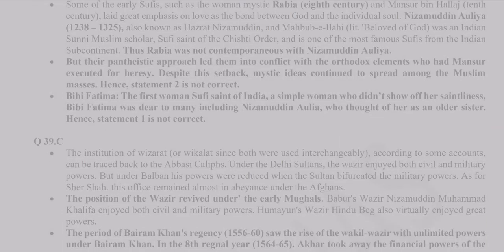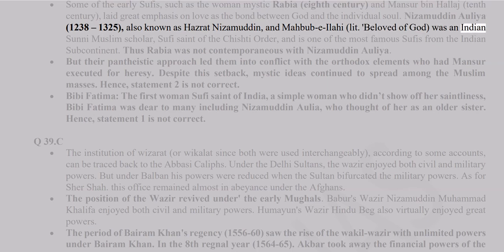Some of the early Sufis, such as the woman mystic Rabia, 8th century, and Mansur bin Hallaj, 10th century, laid great emphasis on love as the bond between God and the individual soul. Nizamuddin Aulia, 1238 to 1325, also known as Hazrat Nizamuddin and Mahbub-e-Ilahi, lit.